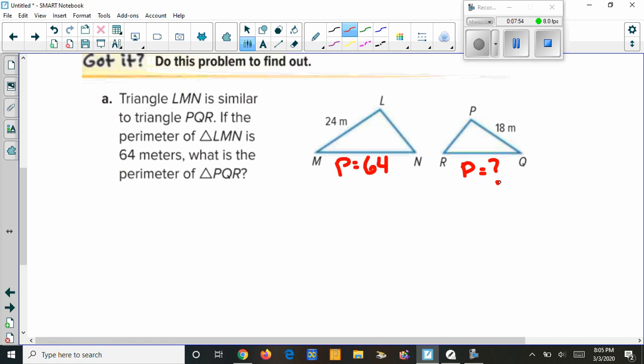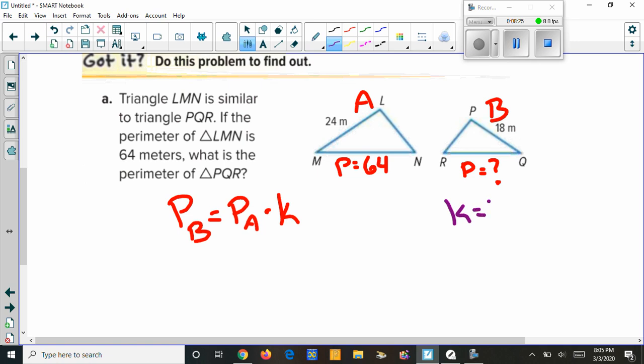As we see at the top of the lesson, the perimeter of B, which is my second triangle, in this case, that is the one whose perimeter I do not know. So this perimeter of B is equal to the perimeter of A times K. K, again, is new divided by old.